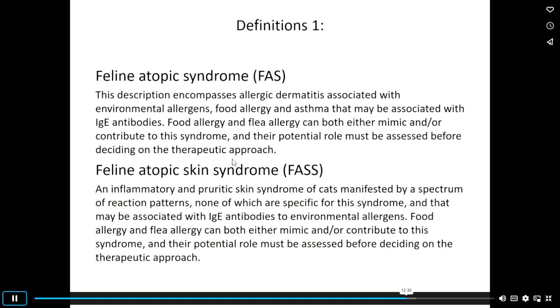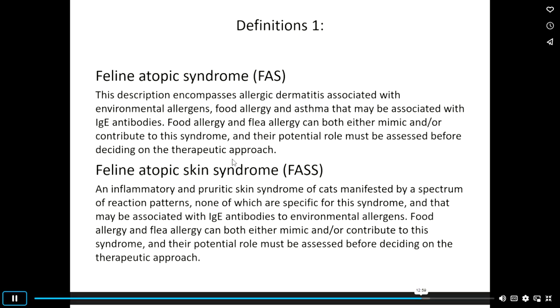So if you look at our definitions, feline atopic syndrome, or FAS, this description encompasses allergic dermatitis associated with environmental allergens, food allergy, and asthma that may be associated with IgE antibodies. Food allergy and flea allergy can both either mimic and or contribute to this syndrome, and their potential role must be assessed before deciding on the therapeutic approach.